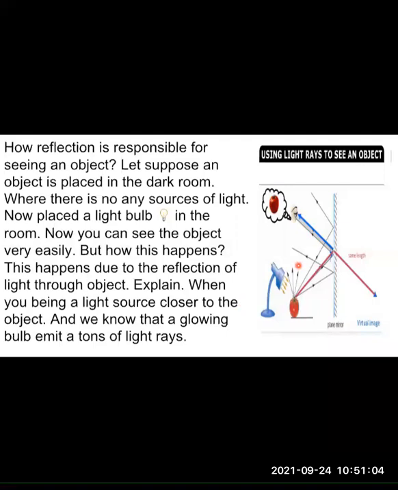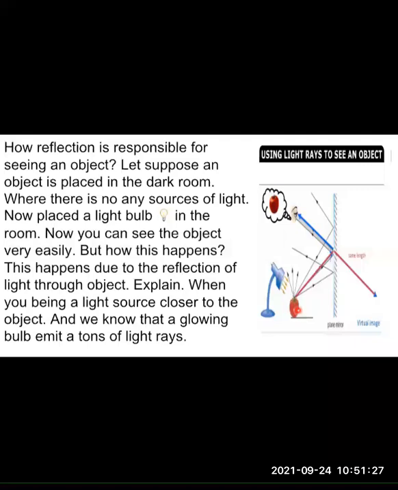Why? Because the rays of light that are being emitted from the bulb are incident on the object that is placed in that room. And ultimately that object will turn into a luminous object and it will start reflecting the rays of light in all possible directions.